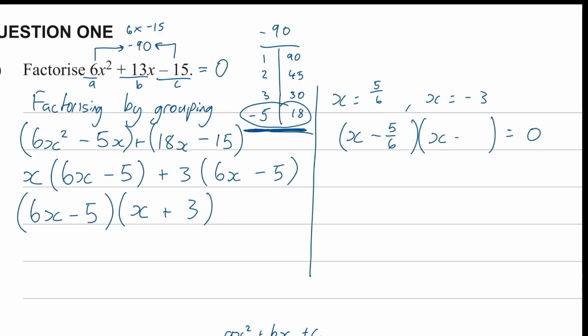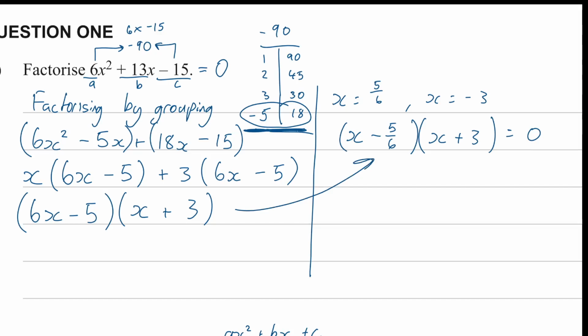Instead of minus 3, we'd have plus 3. This is because when we solve this, we set this whole bracket equal to 0, and if we solve that for x, we would then get the positive 5 over 6. Similarly, if x plus 3 equaled 0, x would then equal negative 3. So we're working backwards.